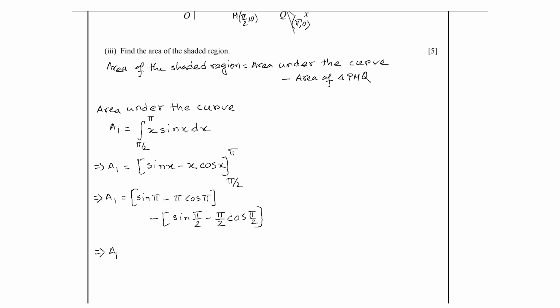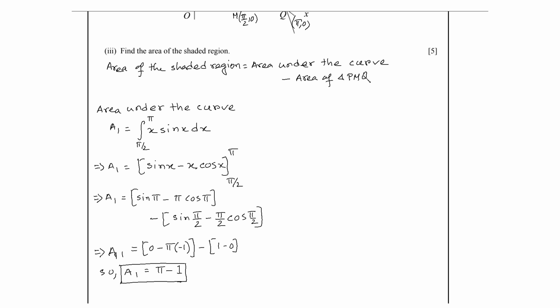If we use the calculator, we will get A1 as 0 minus pi times minus 1, and minus 1 minus 0. So our A1 is pi minus 1. So this is the area under the curve from x equals pi by 2 to x equals pi.